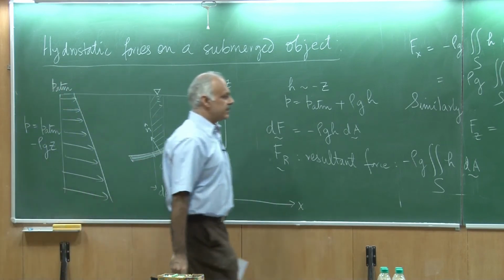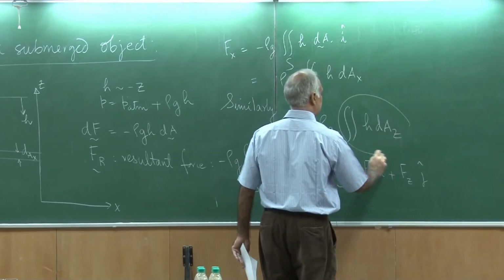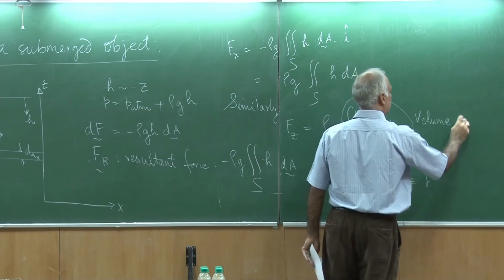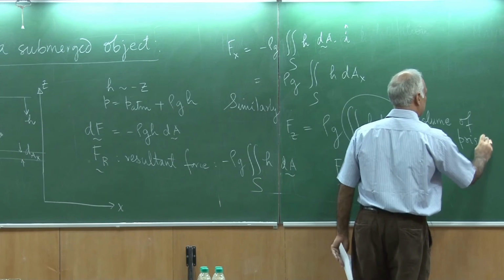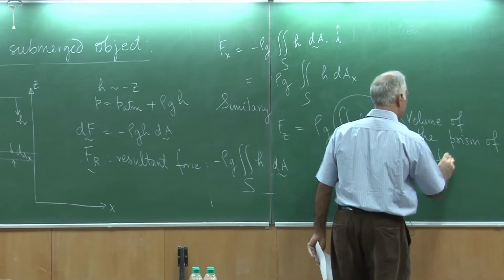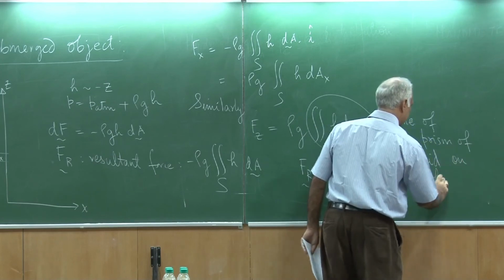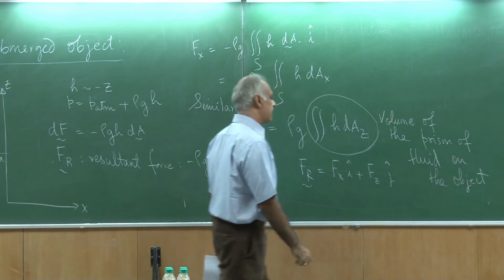So, this then becomes essentially the volume of the prism of fluid on the object.